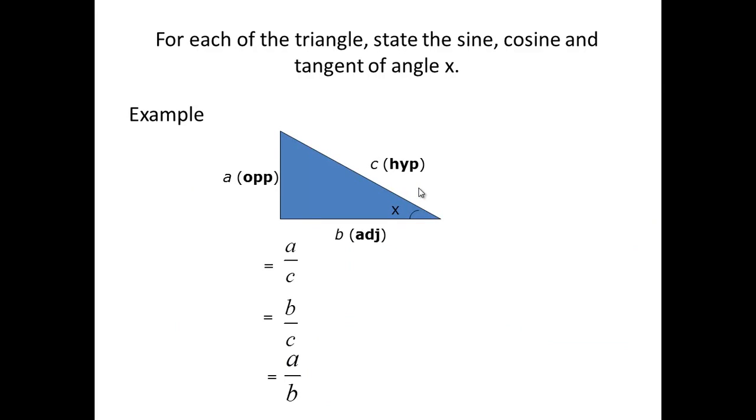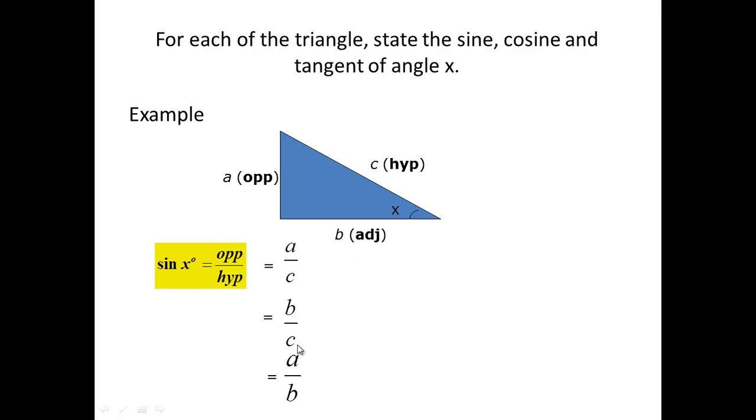In this example, we will identify the sine, cosine and tangent of angle x. Given the ratio of A over C in this right angle triangle, A is the opposite, C is the hypotenuse. Opposite over hypotenuse, we have the relation of sine x.